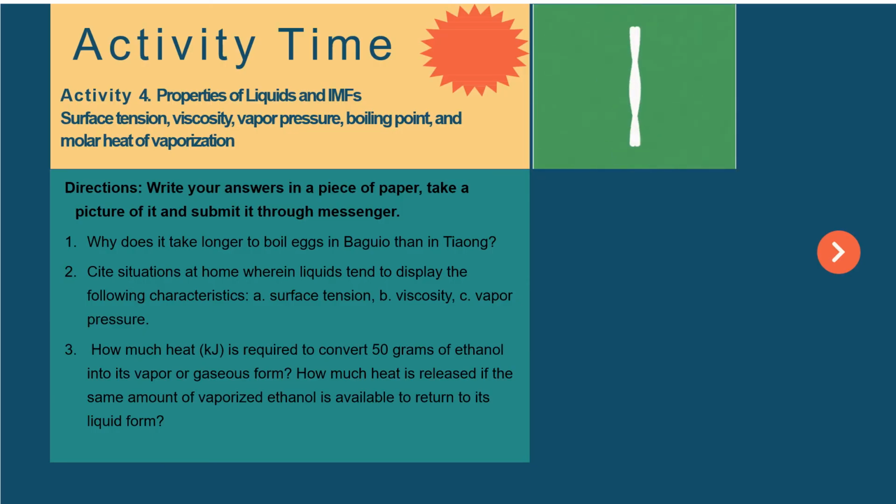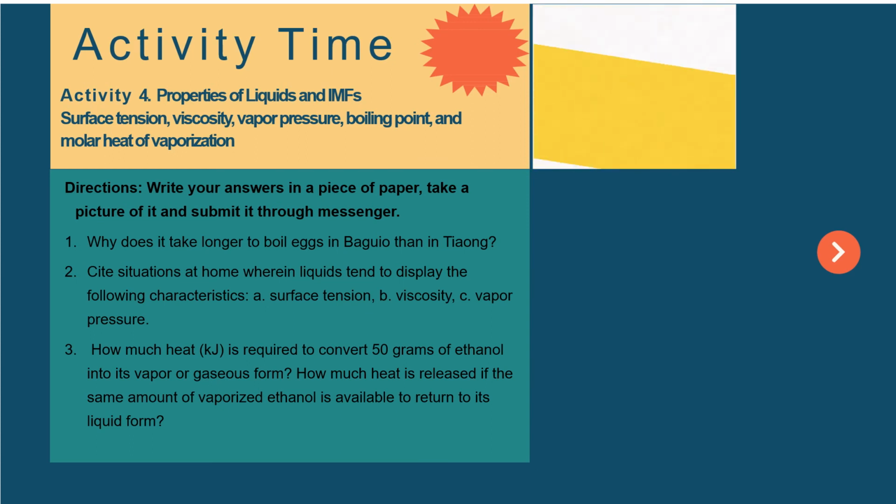For the last part of this session, please take time to answer activity 4 referring to the properties of liquids like surface tension, viscosity, vapor pressure, boiling point, and molar heat of vaporization. For number 1, why does it take longer to boil eggs in Baguio than in Cebu? Number 2, cite situations at home where liquids tend to display the following characteristics: surface tension, viscosity, and vapor pressure.